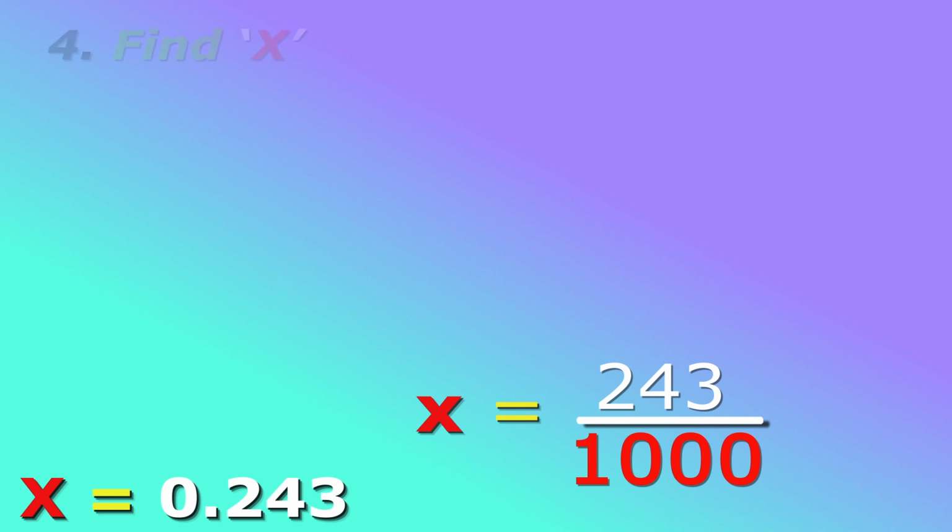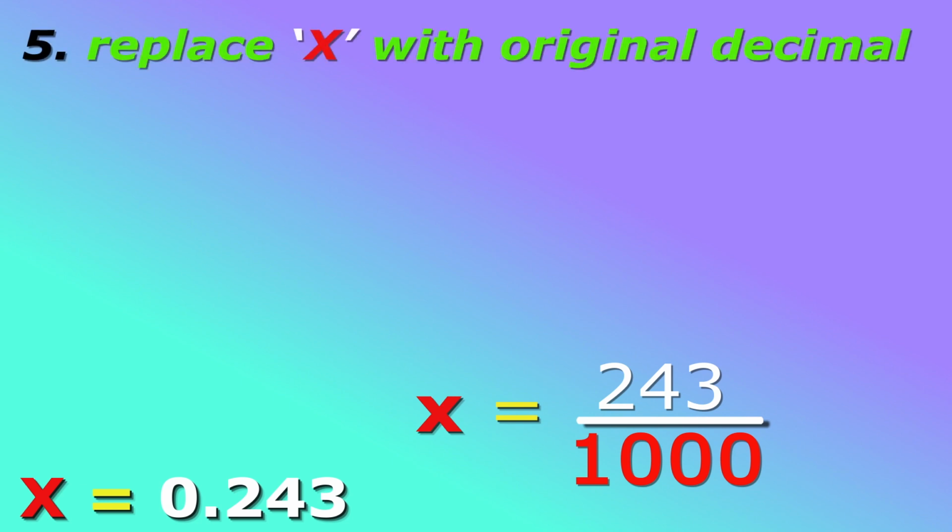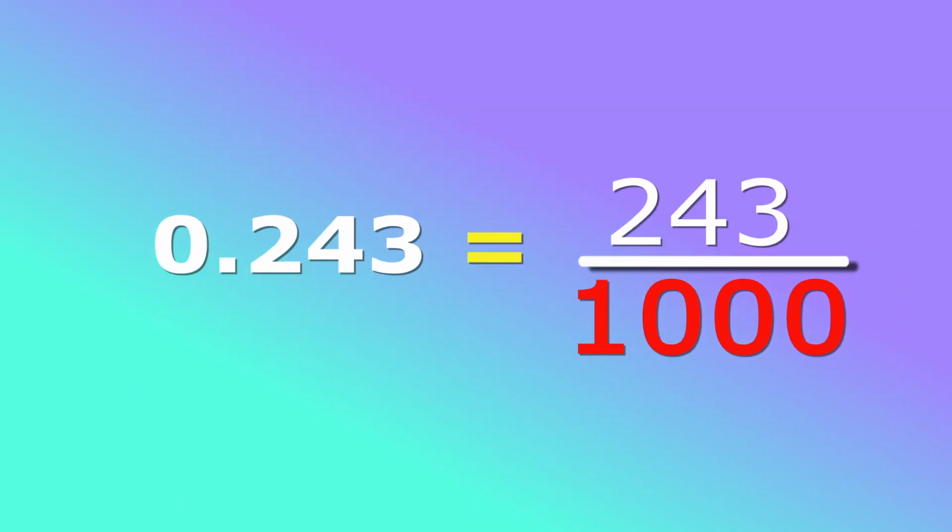And finally, for step 5, we replace x with the original decimal. And this gives us 0.243 equals 243 over 1000, and that's the decimal converted into a fraction. 243 and 1000 share no common factors, so we cannot reduce this fraction further.